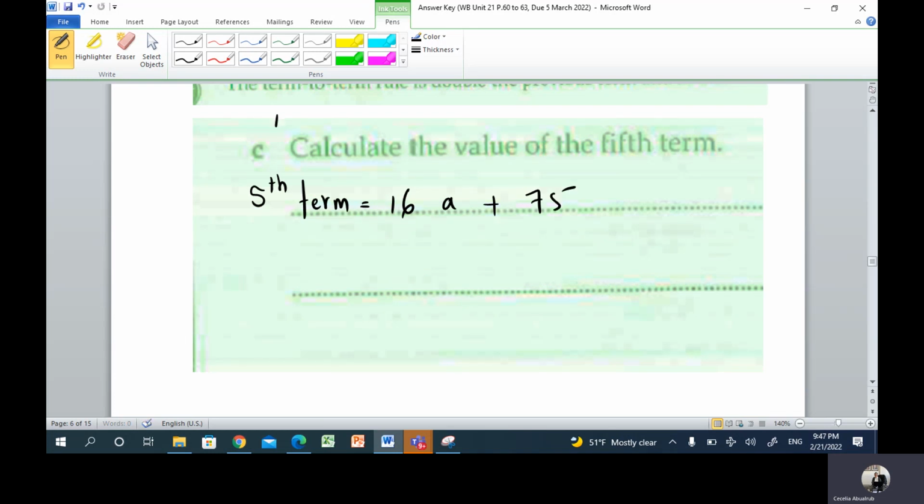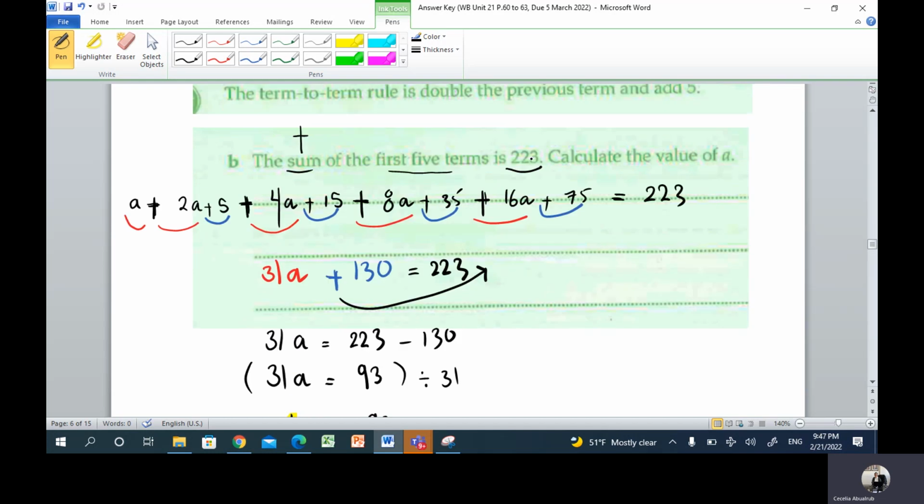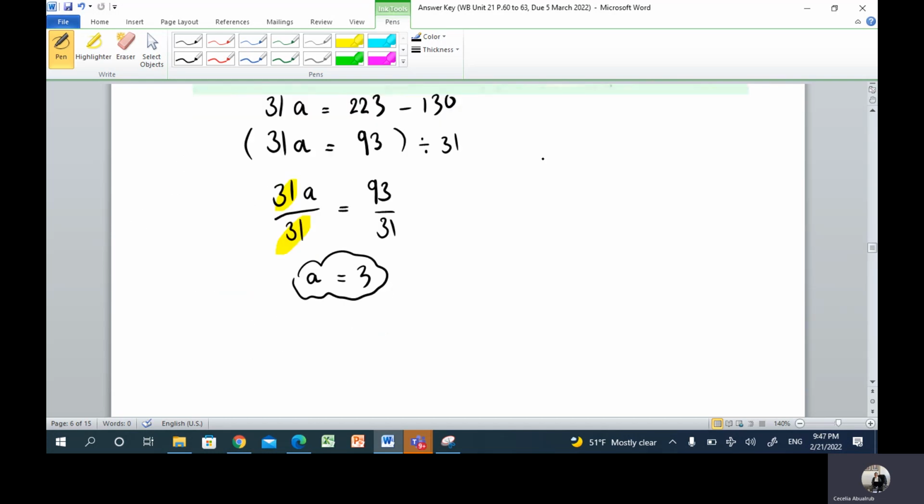And the a we found, we say if a is equal to 3, because in the previous step we found a as 3, and we showed you step by step how we found it.